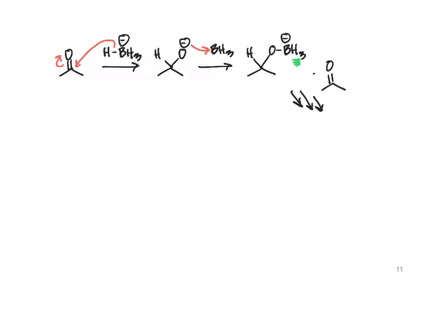So in this case, it happens the same way. We get addition of hydride, and then the oxygen adds back to the boron. So what that leads to is this curious beast. And this is called a borate ester.